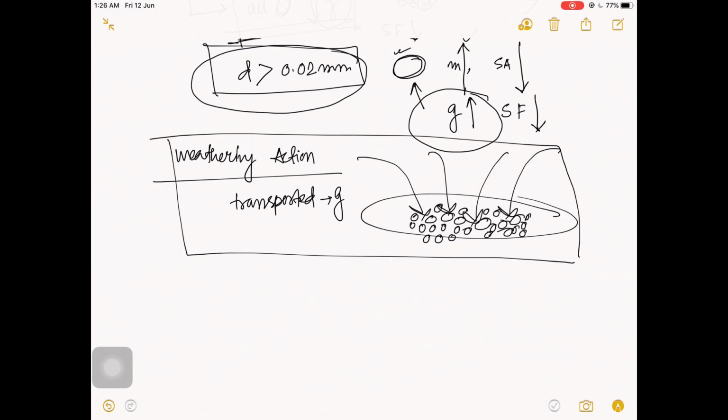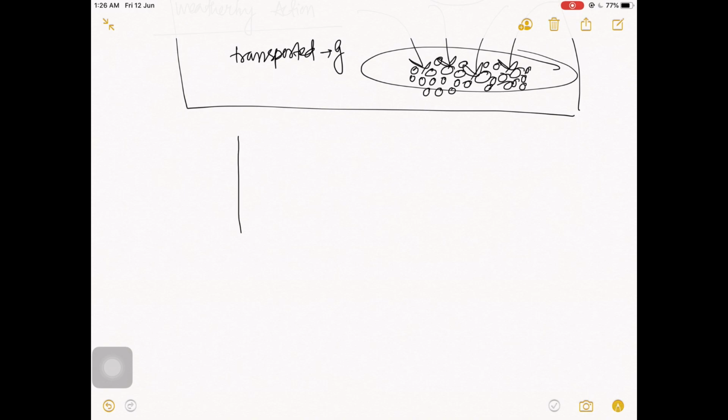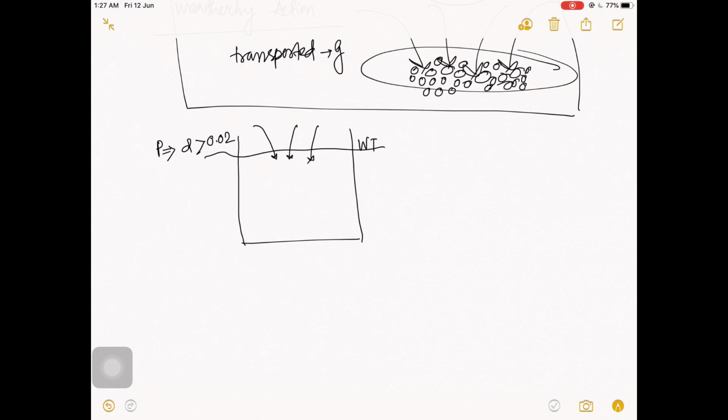In that case, you take a beaker with water and just drop the soil particles. If the soil particle diameter is greater than 0.02 mm, they settle down due to gravity action, and here they settle as single particles.